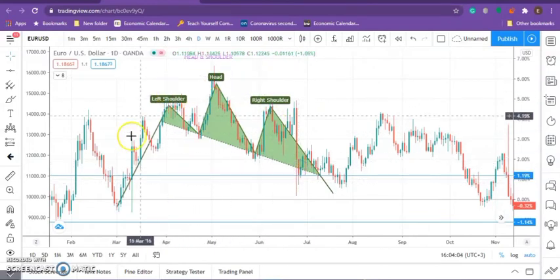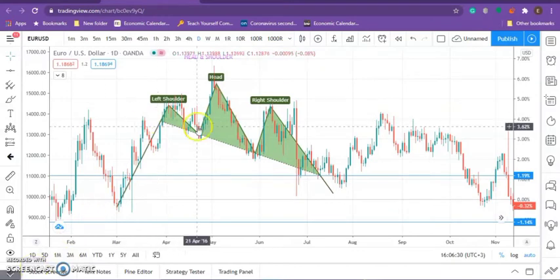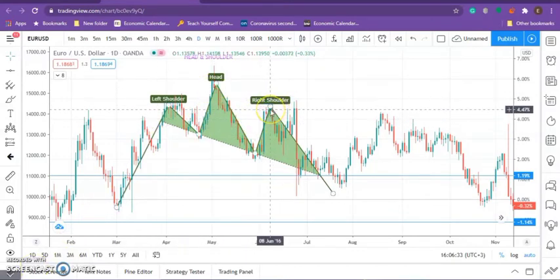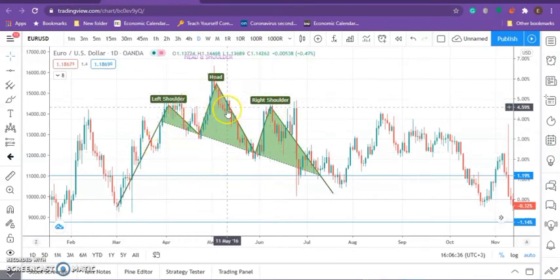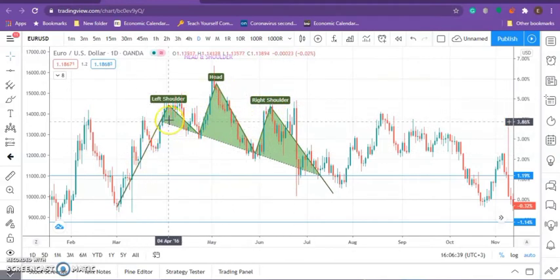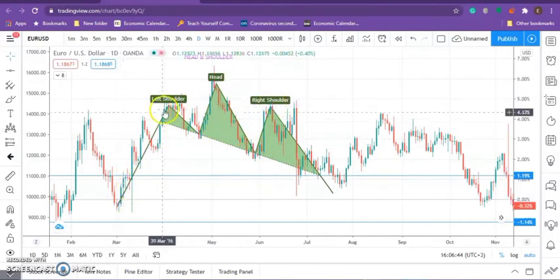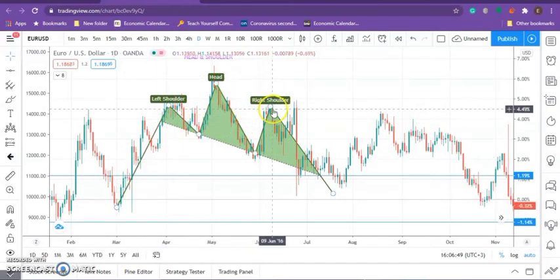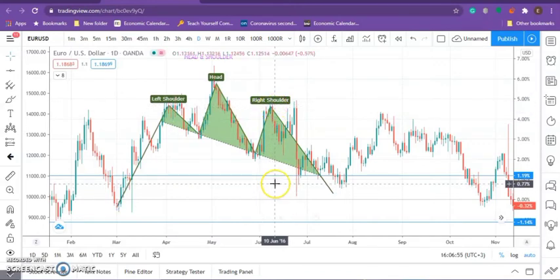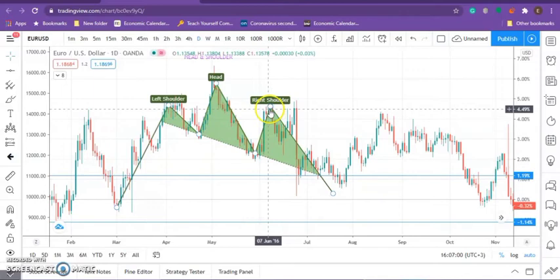This pattern signifies the bearish sentiment coming after it's spotted.